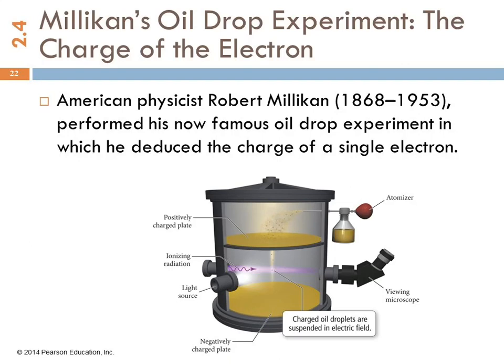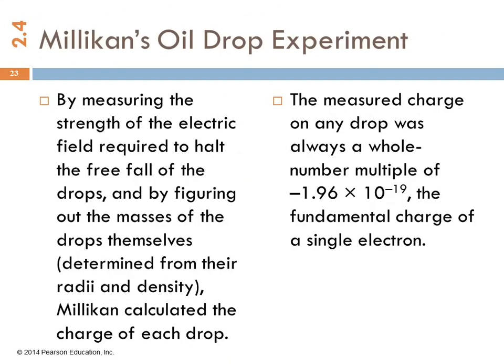And he has this little viewing microscope in here, so he could look in here and adjust the voltage on these plates until the oil droplets would just suspend. And that gave him information about the charge on the droplet.